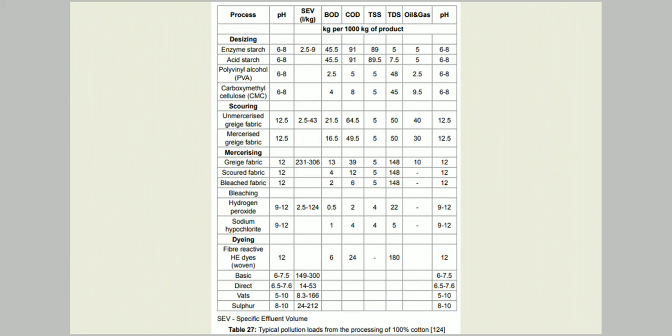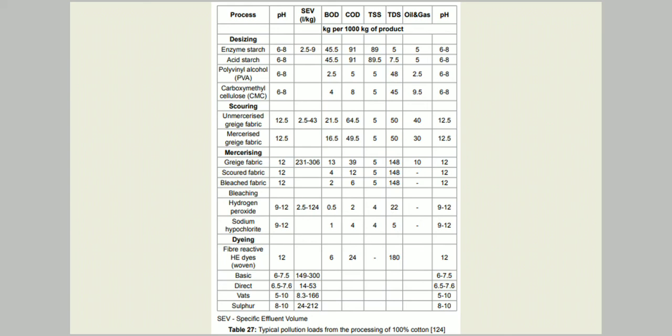Next, in scouring, we wash it in a caustic solution so as to remove the natural oil and the unwanted impurities in it. So here, for unmercerized greased fabric, the pH is around 12.5. It's alkaline since it is washed in an alkaline solution.